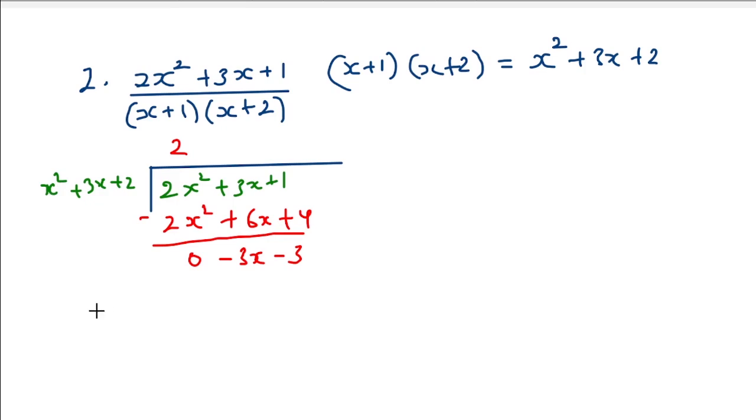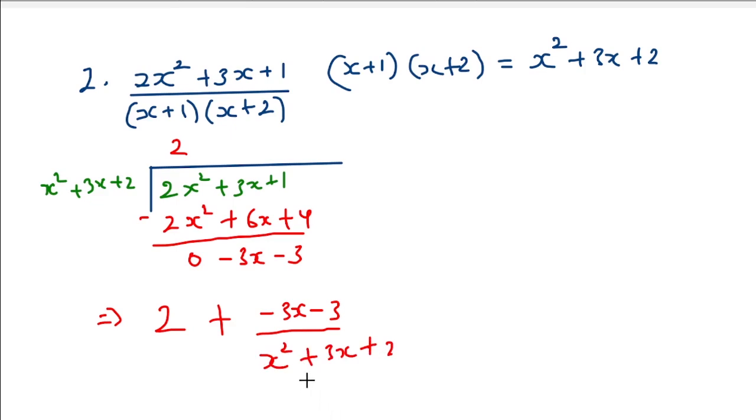So it means our fraction now becomes the 2, which is like our whole number, plus this one, which is negative 3x minus 3 over x squared plus 3x plus 2. So we're going to decompose this expression here. Now that it is proper, we can go and decompose it.